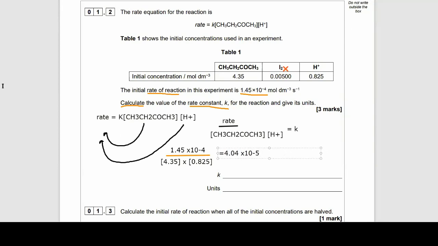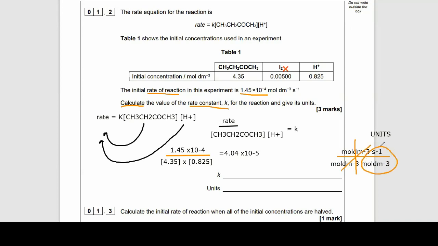Now, the units for K we need to work out. And we can do that by writing out the units of rate, which are on the top, and that is mol dm minus 3 s minus 1, and putting that over the units for the concentration of the ketone and the hydrogen ions. So both of those have mol dm minus 3. Now, because I've got 2 mol dm minus 3s, I can just cross them out.